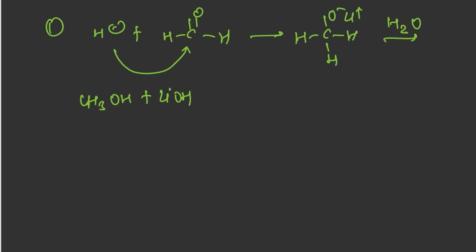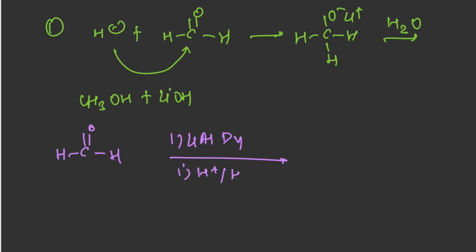Now look at some more reactions. We have formaldehyde reacting with first LiAlD4, instead of H we have deuterium, then H plus H2O. Second we have LiAlH4 reacting with D plus and D2O.